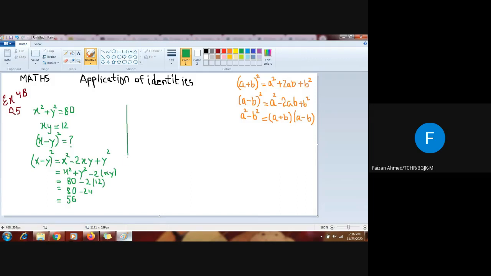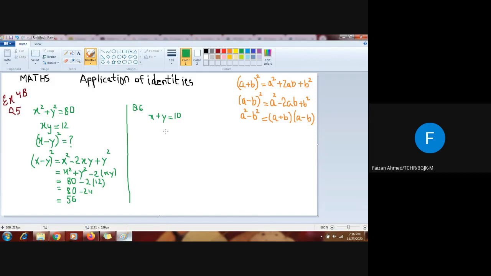I have one more question. That is question number 6, which is also on the application of identities. This is question number 6 of the same exercise, that is exercise 4b.